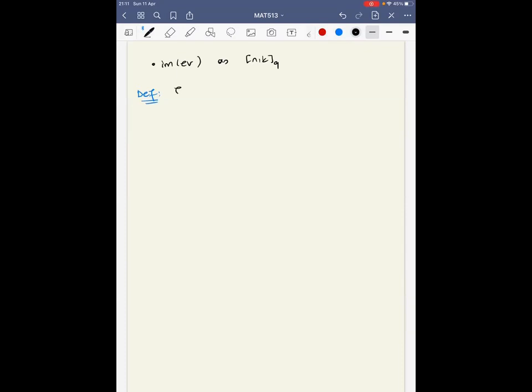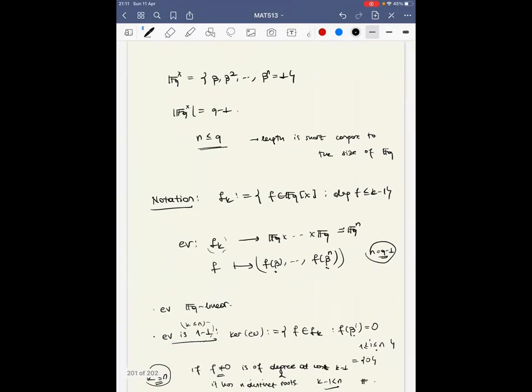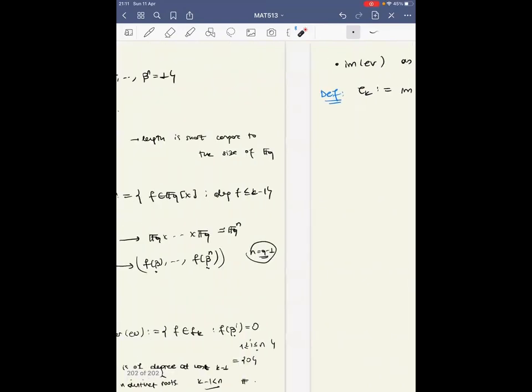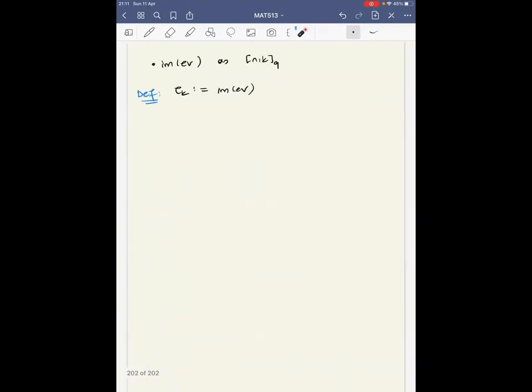And with this particular choice, so that means if we represent our n distinct points in terms of the primitive elements of FQ, and if we consider Lk as a polynomial space with respect to this evaluation map, we can introduce what is called a Reed-Solomon code. And often we write RS code in short.